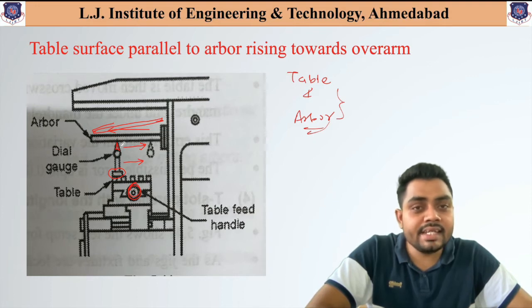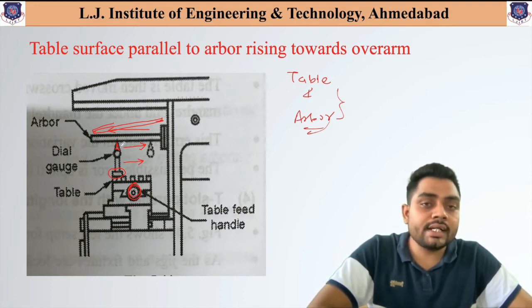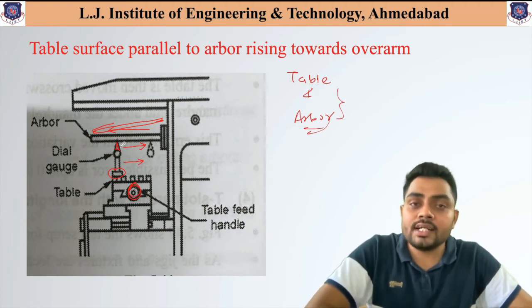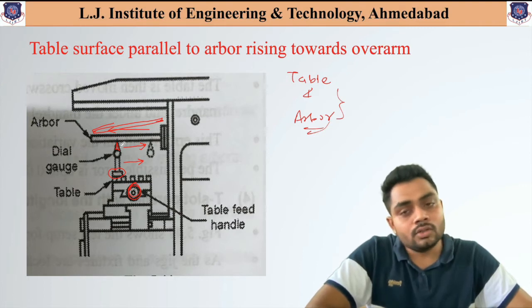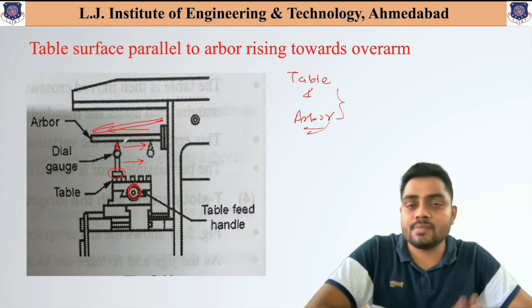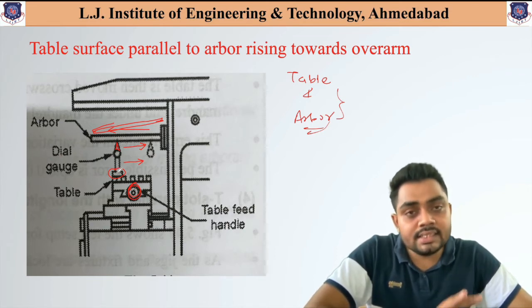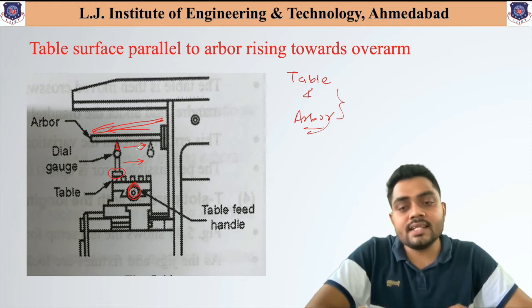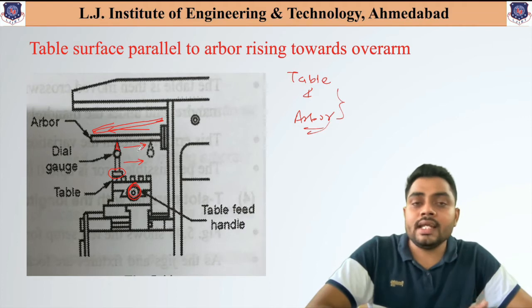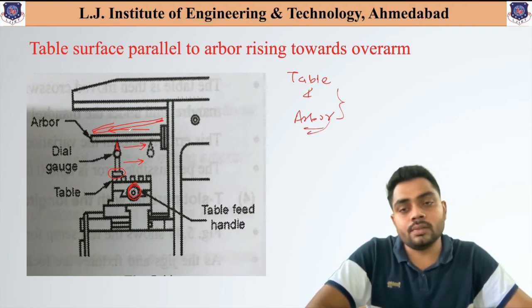If there is any inclination during the contact, the dial indicator shows certain readings, and from those readings we can understand whether the table surface is parallel to the arbor or not. So you just need to understand how we place the dial gauge onto this machine: we attach it in between the table and the arbor, and move it in forward and backward direction to check if there is any parallelism error or not.